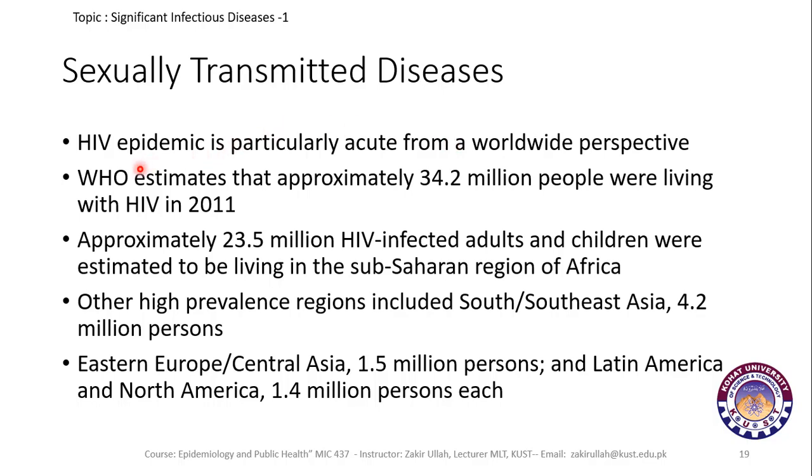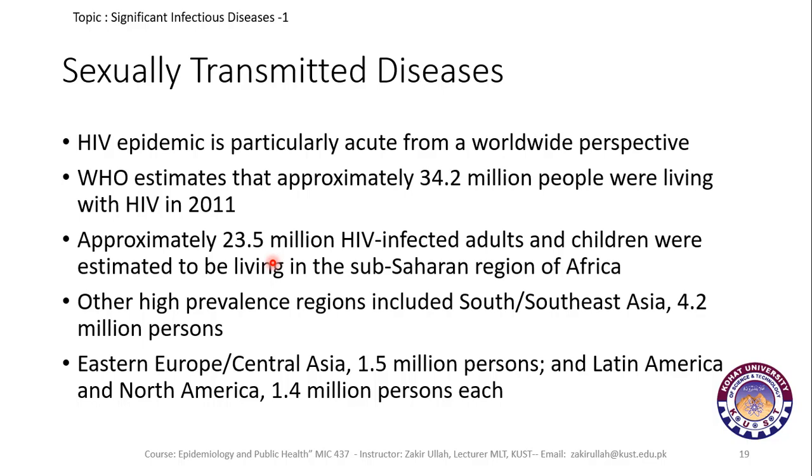The World Health Organization estimated that approximately 34.2 million people had HIV, as reported in 2011, and approximately 23.5 million HIV infected adults and children were from the region of sub-Saharan Africa, the least developed countries and the poor countries.